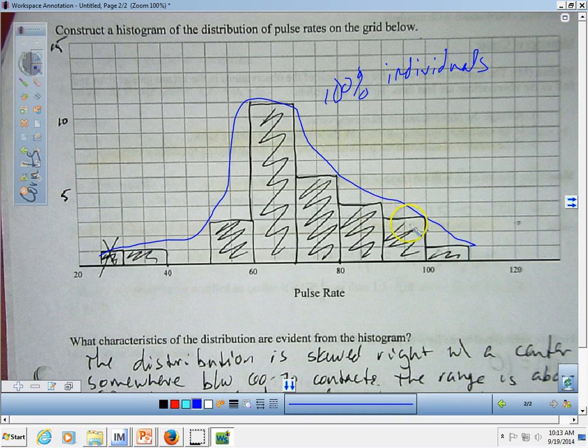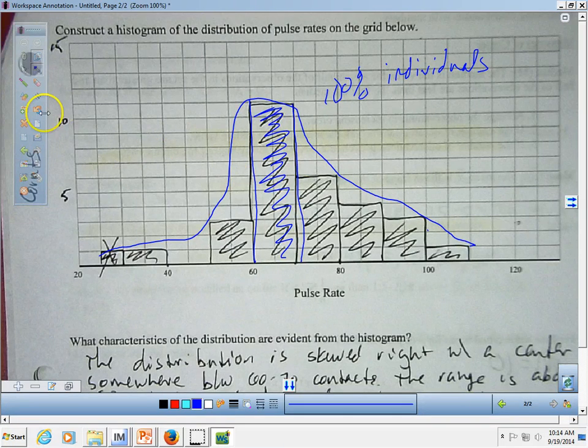Now, if I wanted to know the percent of individuals in a particular area of this distribution, say here or here, then I would be calculating just the area under this curve. That would tell you the percent of all of those observations that fall in that interval. A histogram does it too, but the density curve is more of a quick estimate.